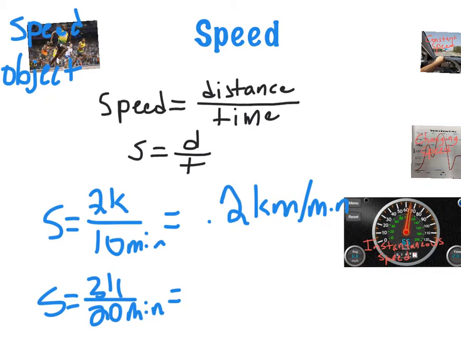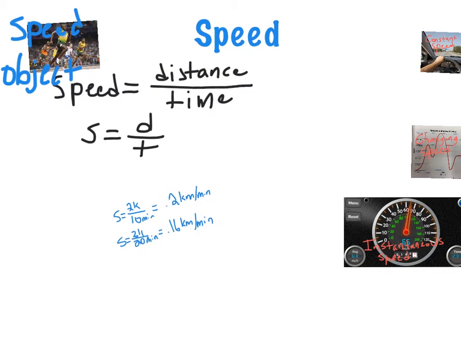And that equals 0.16 kilometers per minute. So we went faster when we ran 2 kilometers in 10 minutes. That one right there. Okay, so that's what you would write under letter C.